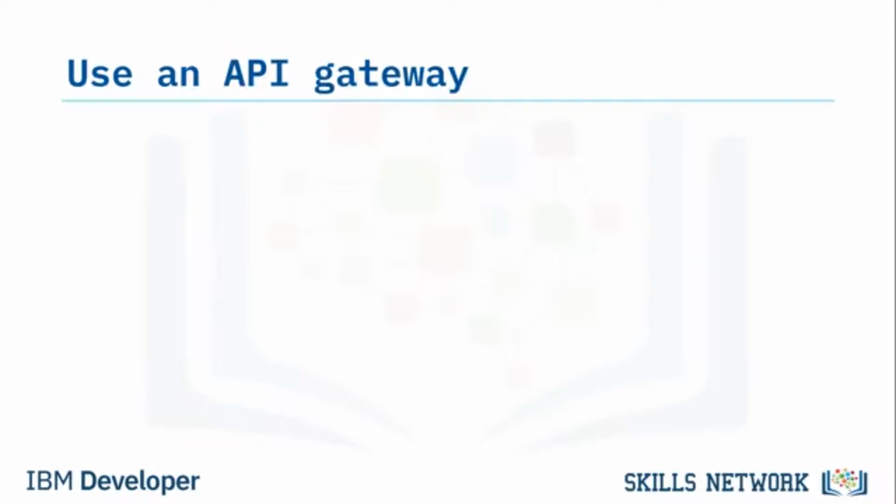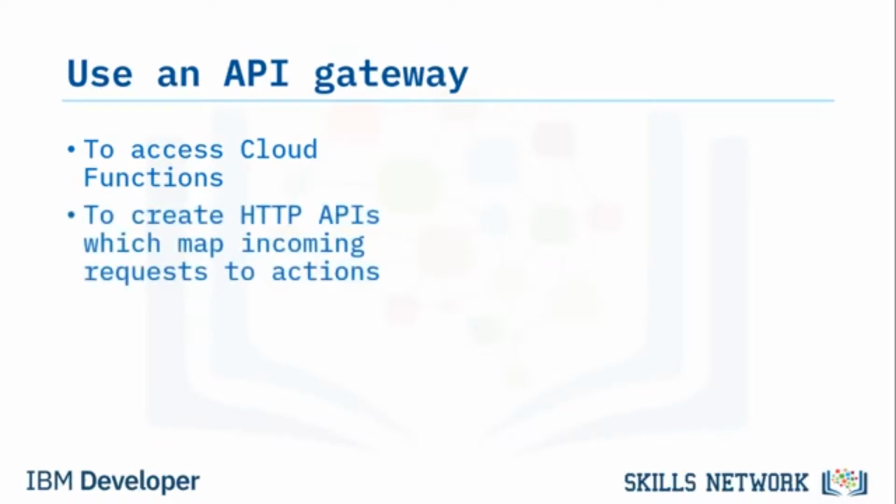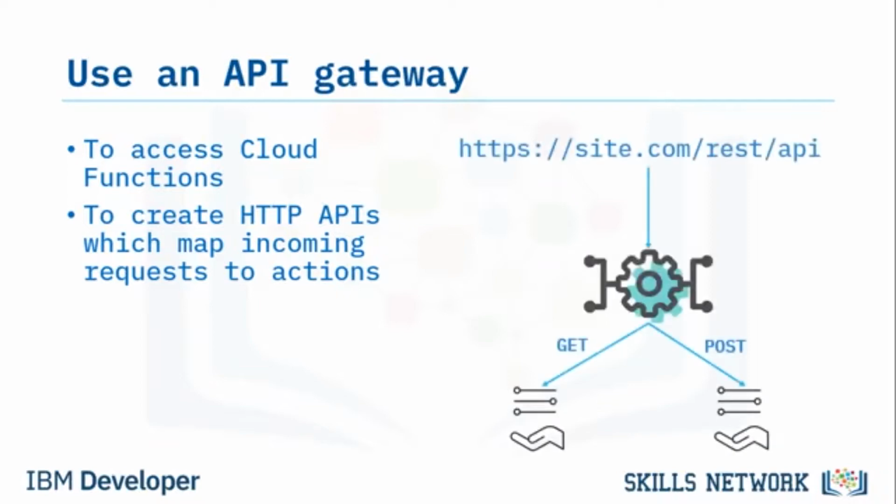In addition to creating web actions, Cloud Functions also provides an integrated API gateway service. You can use the integrated API service to create new HTTP APIs that map incoming requests to actions based on the path or the HTTP method. This capability lets you have a single API path that responds to both GET and POST requests.